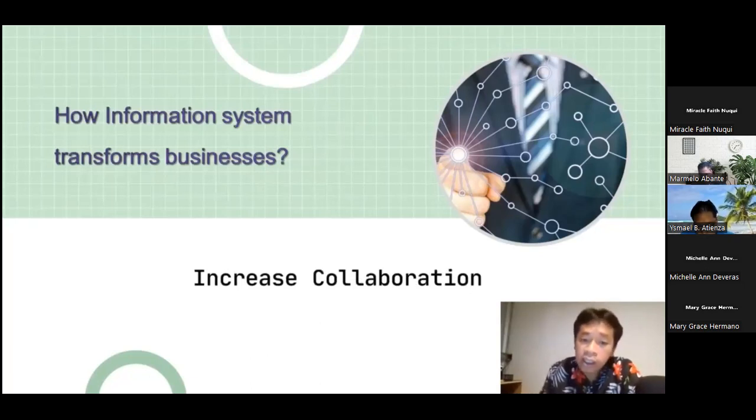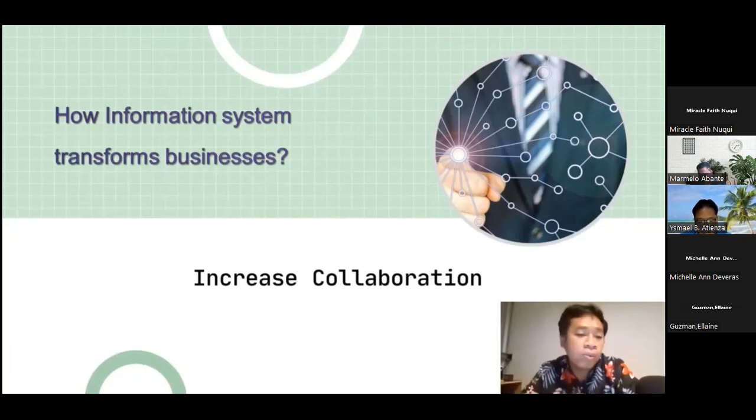Another way is through increased collaboration. With information systems, people in different parts of the world can work together on the same project in real time. This means that businesses can take advantage of the best talent from around the globe and also be more responsive to customer needs.